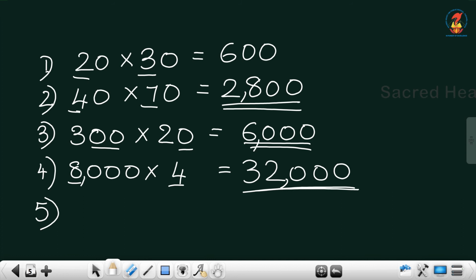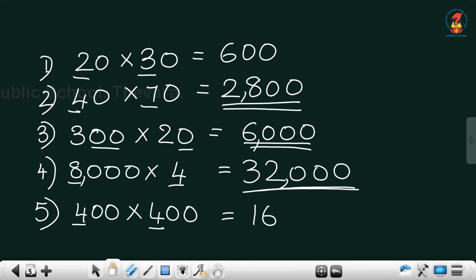Another example, 400 into 400. Now here you have to multiply the numbers. 4 4s are 16. Write 16.